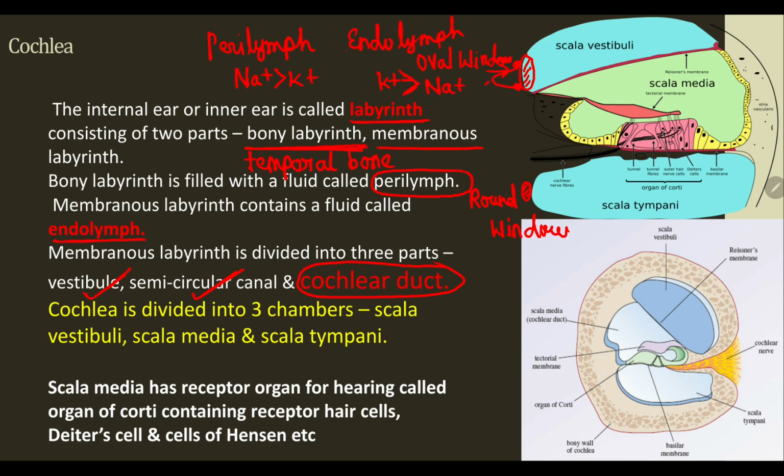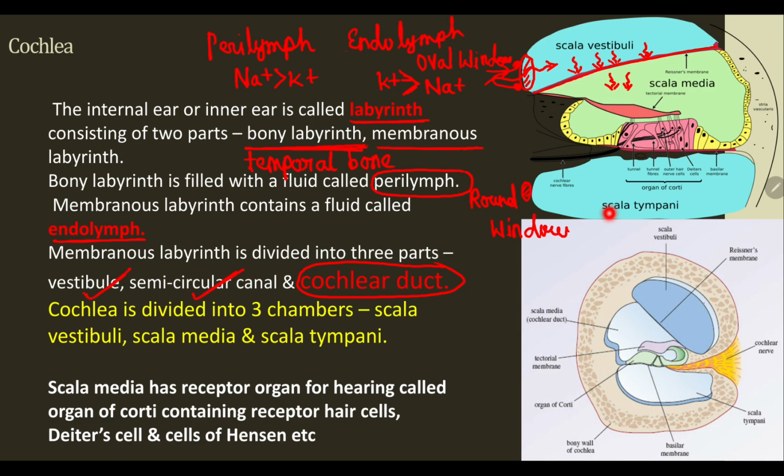When the sound wave enters the scala vestibuli, the first chamber, note that the scala vestibuli and scala media are divided by one membrane, called Reissner's membrane. The sound wave vibrates Reissner's membrane. When it vibrates, that vibration enters the scala media endolymph also.